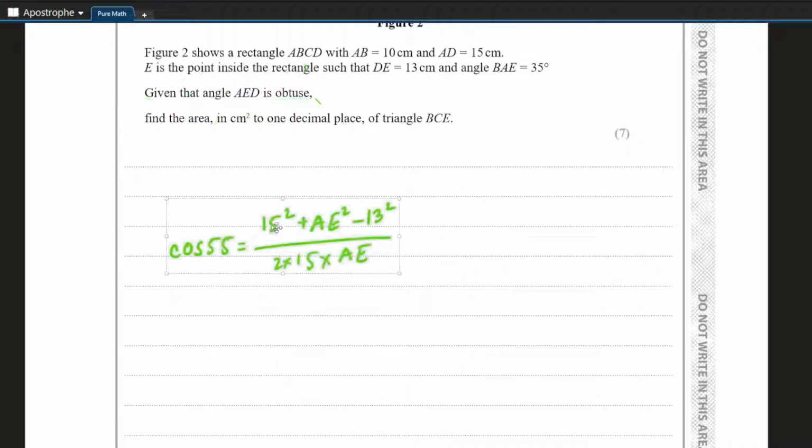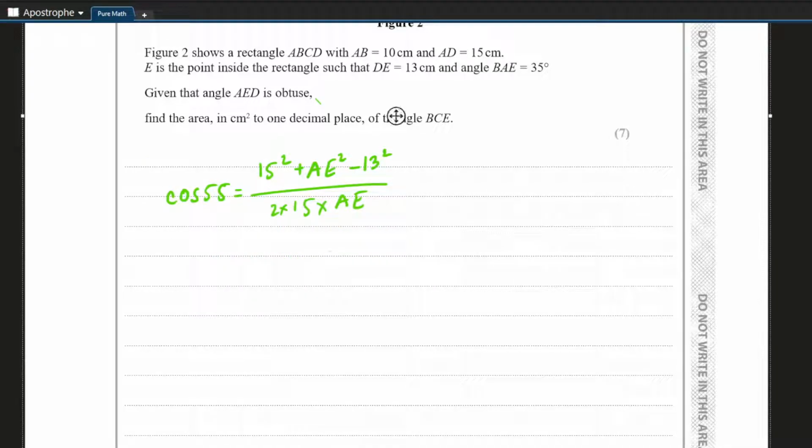If we bring it here, 15 squared minus 13 squared is 56, so AE squared plus 56 is equal to 30 AE times cos 55.